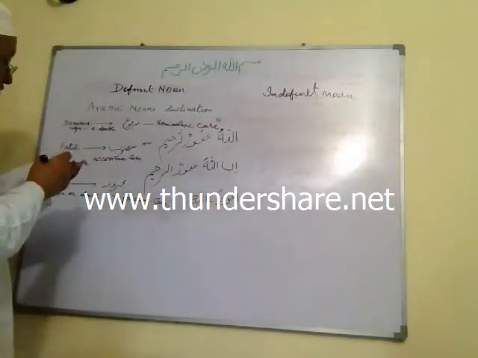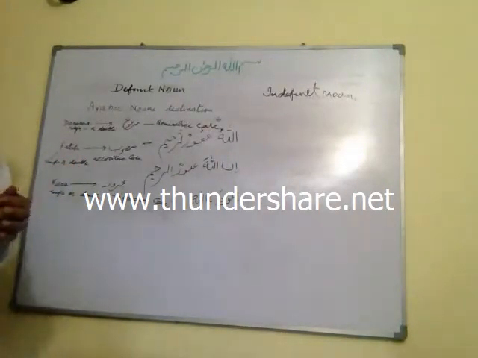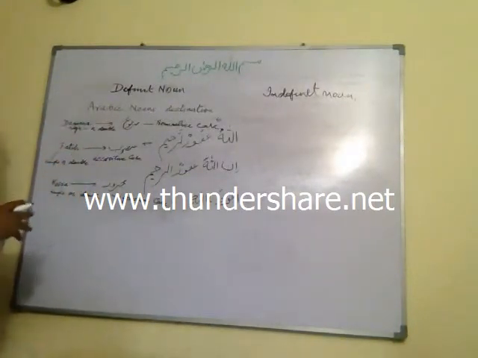So for this type of declinations, in the Arabic language we have three things.